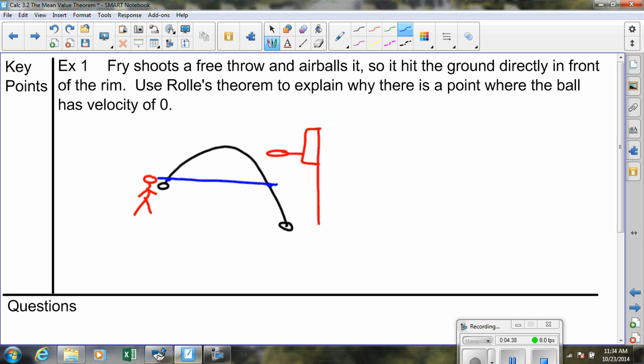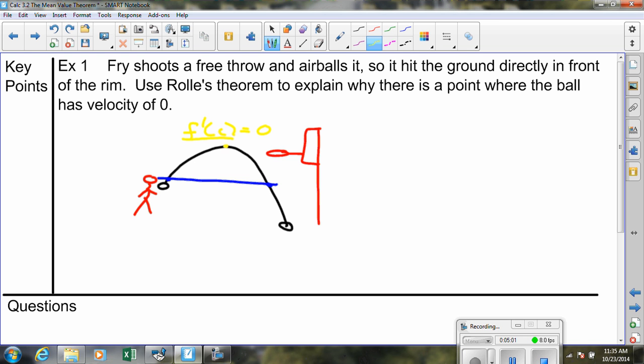Rolle's theorem guarantees us there is a point at the top where the derivative is 0. What is the derivative of a position function? Velocity. Because the derivative is equal to 0, it tells us the velocity is equal to 0.